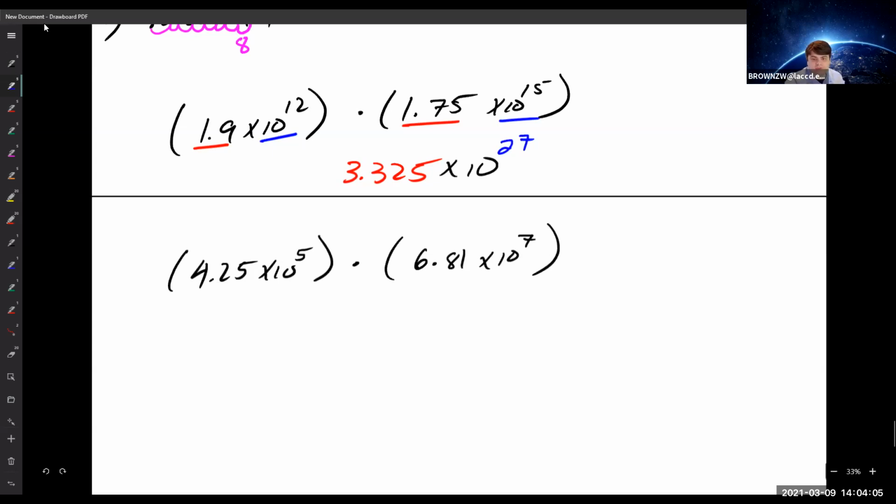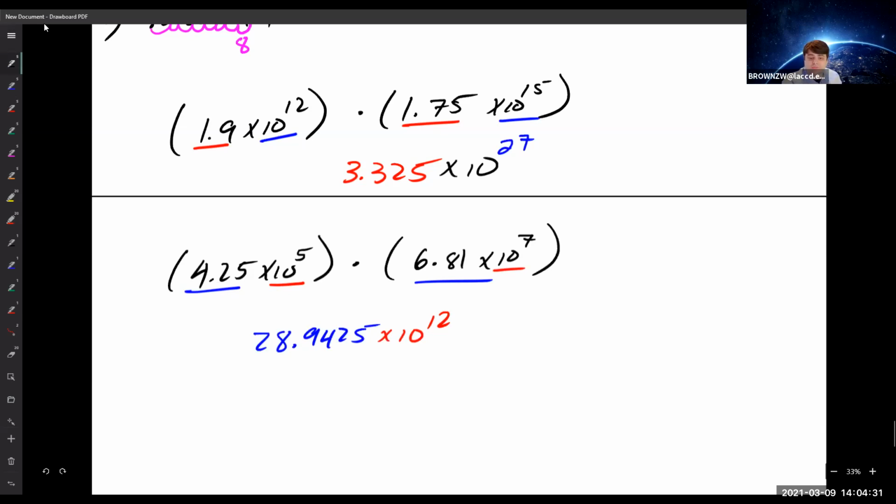So when we do our first multiplication, 4.25 times 6.81 gives us 28.9425. We'll deal with this in a second. Dealing with the numbers here, it's going to be times 10 to the 12.